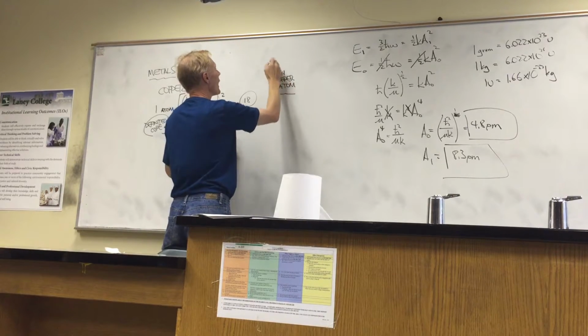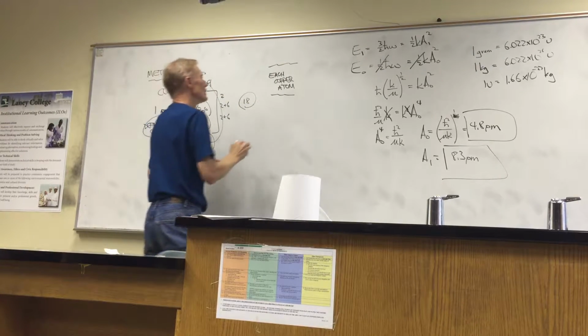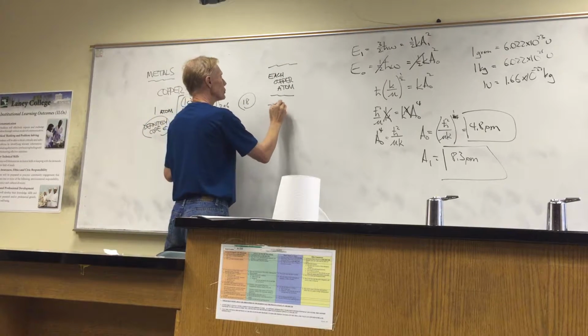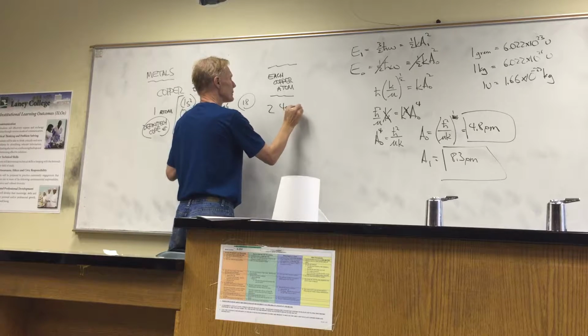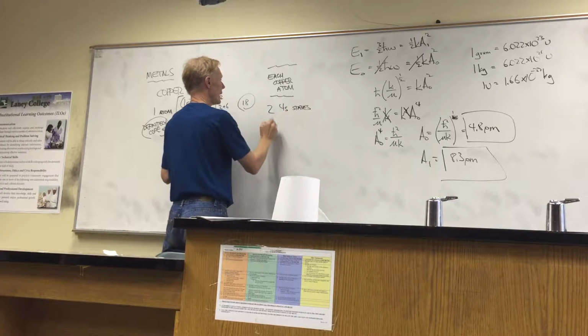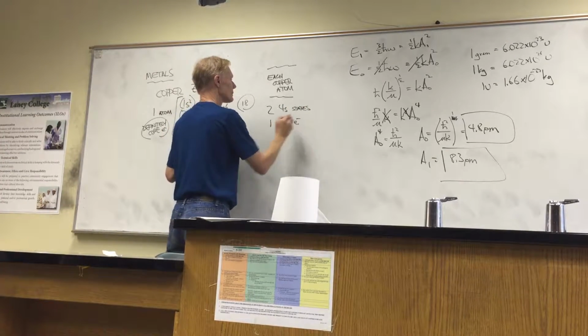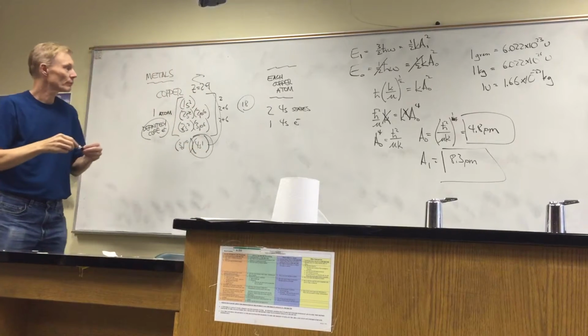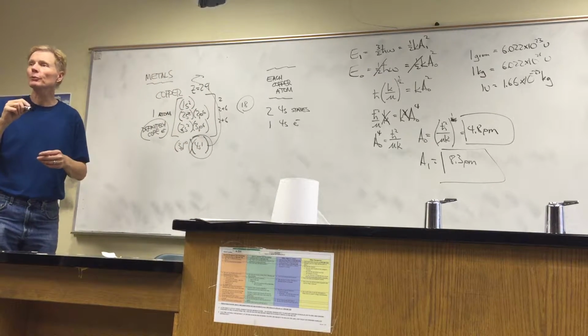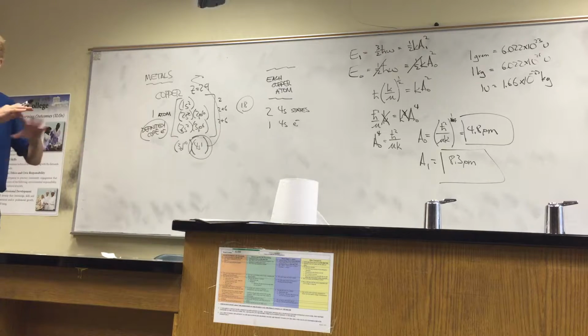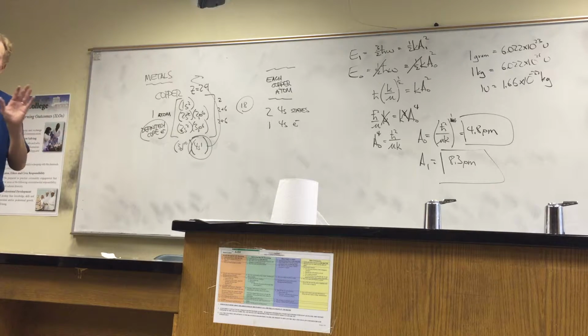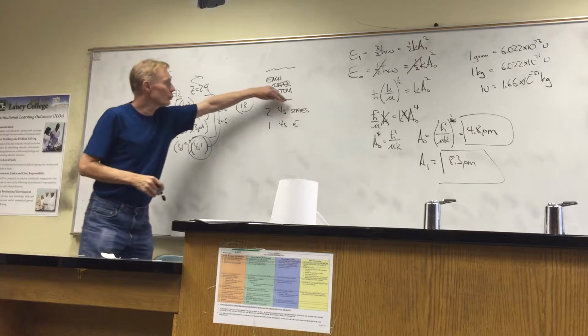Here is the buy-in fee for the copper atoms. Each copper atom has to bring in 2 4s states and 1 4s electron. All the copper atoms say, sure, you can keep all of your core electrons, that's fine, don't worry about it. We want everybody to donate 2 4s states.